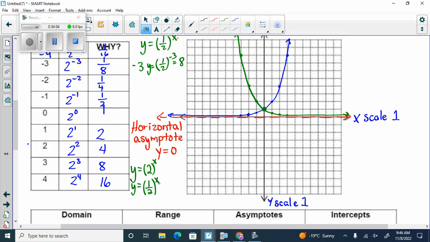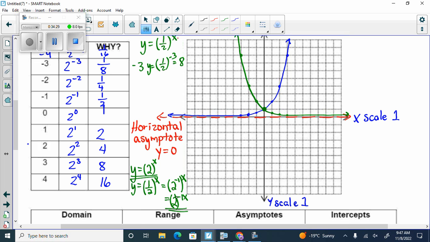But 1/2 is actually the same as saying 2 to the -1 to the x, which we can write as 2 to the -x. So the only difference between this graph and this graph is a negative in front of the x. And what's a negative in front of the x cause? A reflection in the y-axis.